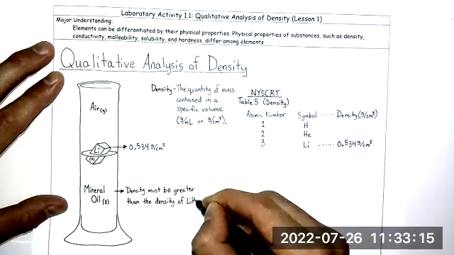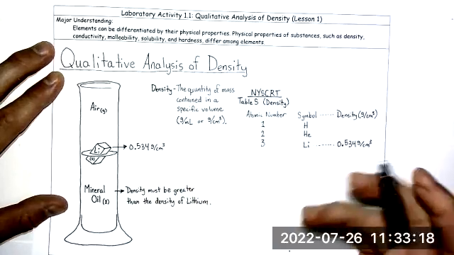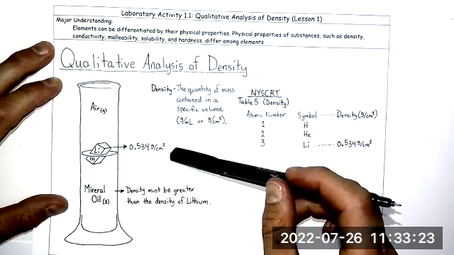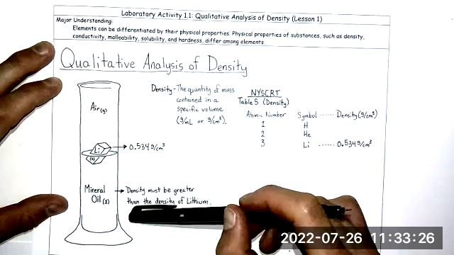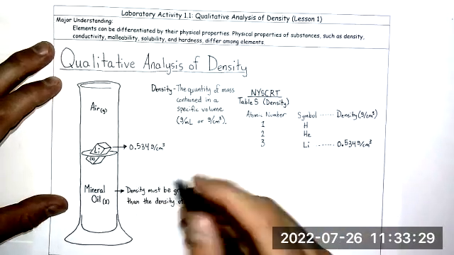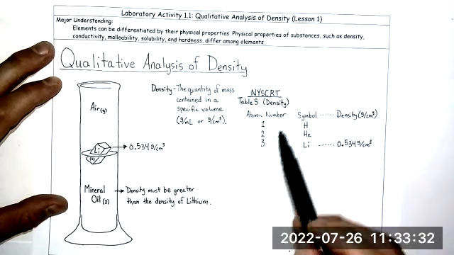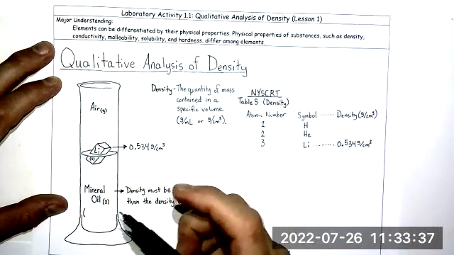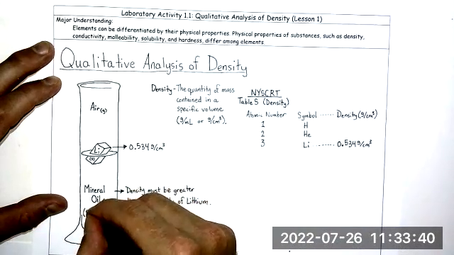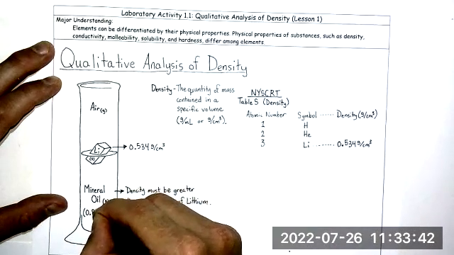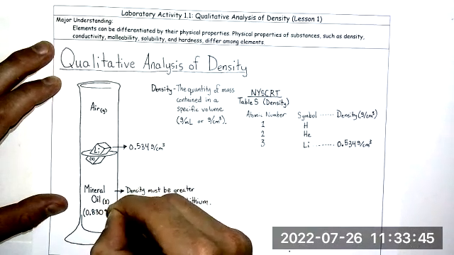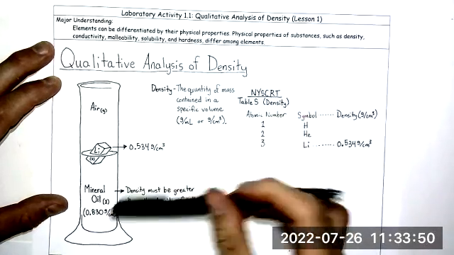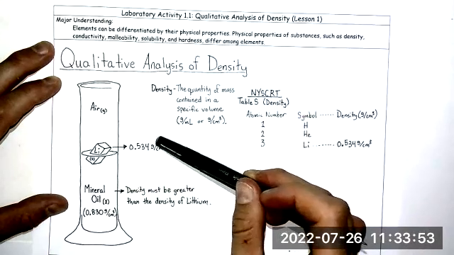And this works for any density column. The substances that have a greater density will be found on the lower portion of the column. If we look up the density of mineral oil, it will not appear in table S, but we can look it up in a textbook or on the internet. You'll find that it has a density of 0.830 grams per centimeter cubed, which is greater than the density of lithium of 0.534 grams per centimeter cubed.